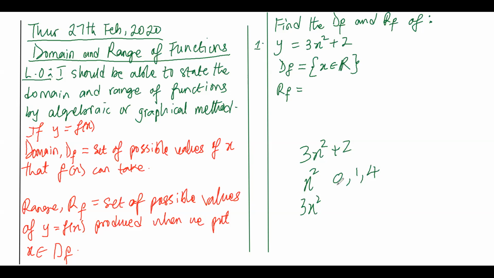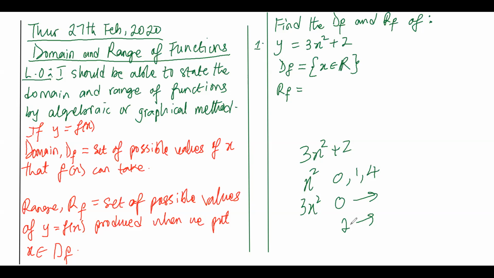So the point is the values of x squared can either be 0 or more. It can't be negative. When you multiply that by 3, you still get 0 or more. Now when you add 2, you get 2 or more. So the minimum this function can produce is 2. It can never be less than 2.